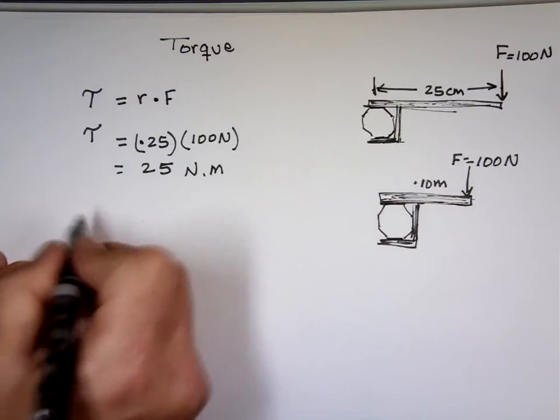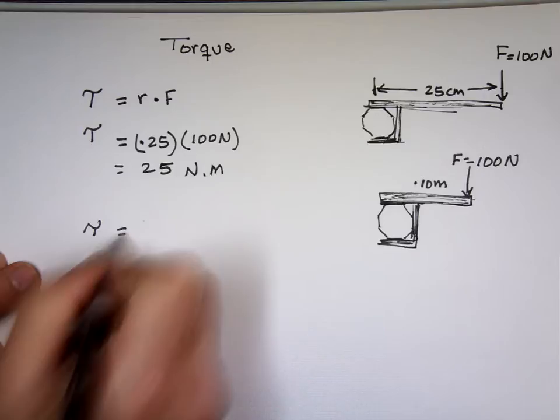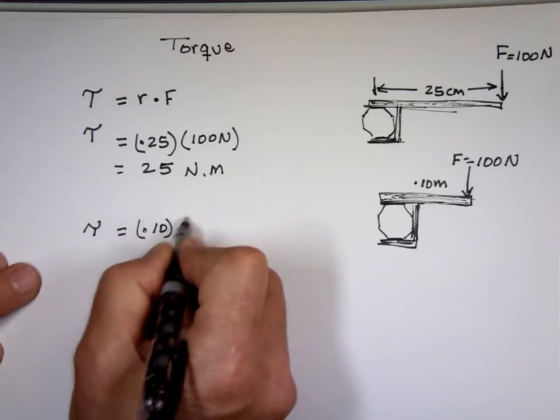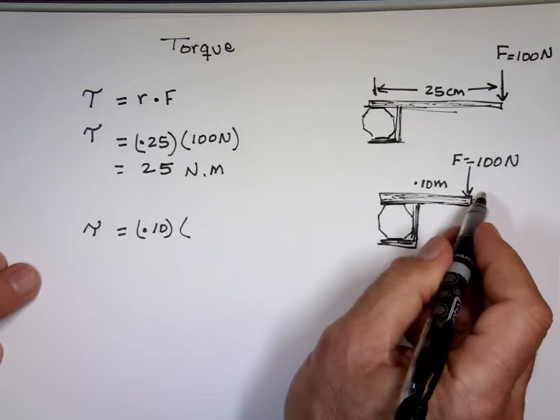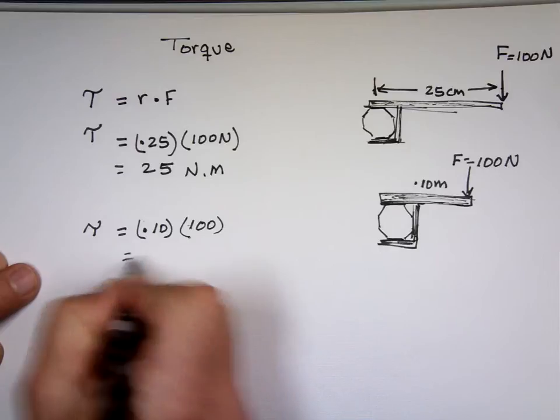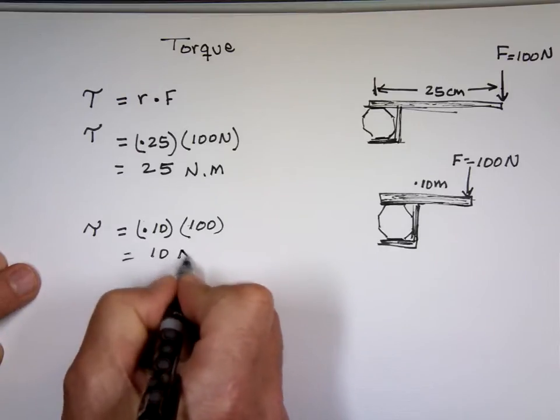How much torque are you creating here? 0.10 times what? 100, which is 10 Newton meter.